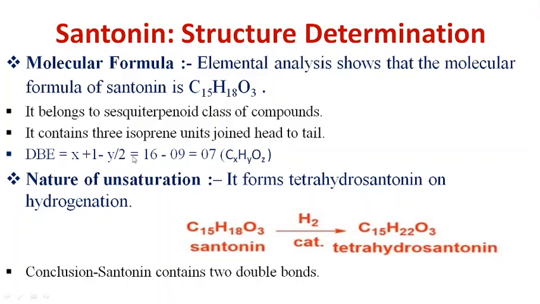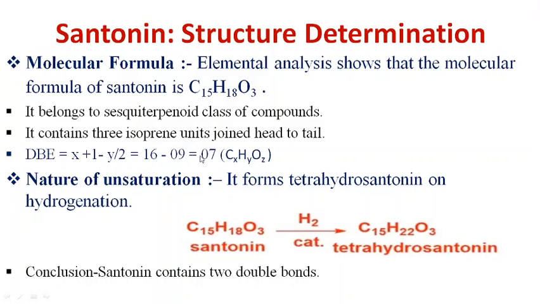The third important piece of information from this molecular formula is the degree of unsaturation, which is given by the following formula. Putting in the values of x and y from the formula, we get a double bond equivalent equal to 7.